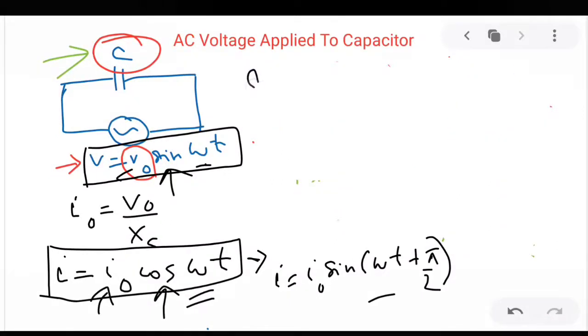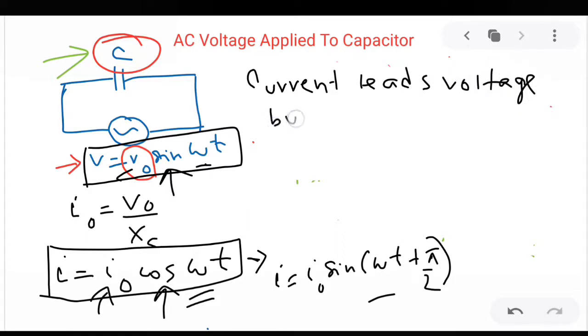So we can write current leads voltage by phase angle pi by 2, or you can say voltage lags behind current by phase angle of pi by 2.